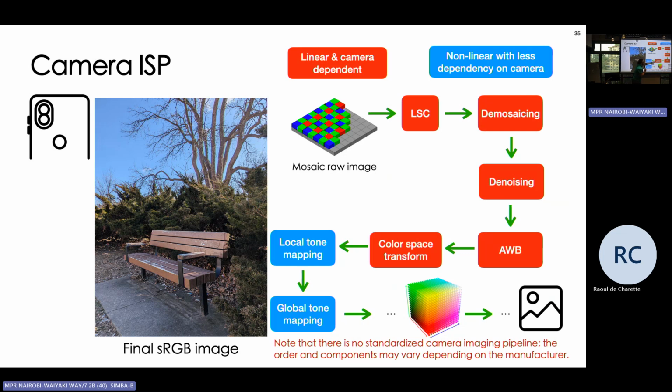Because once we do the color space transform, we are in standard space, right? So whatever you train your network to do the local tone mapping, you can plug it in and play on the next camera, right? And finally, I just want to say every single block here is a research problem, and we have many, many papers under that, right?